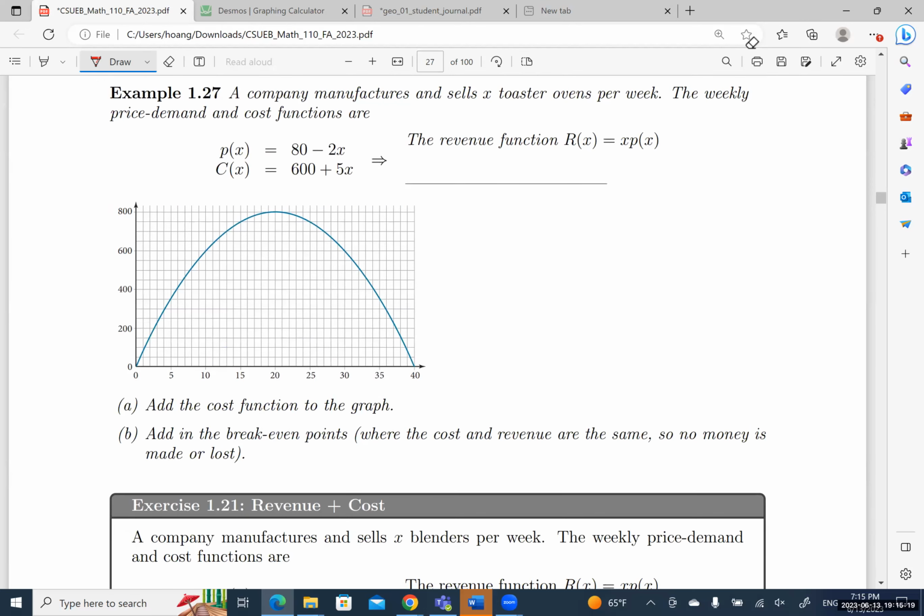Now let's move to the next problem, 1.27. A company manufactures and sells X toaster ovens per week.